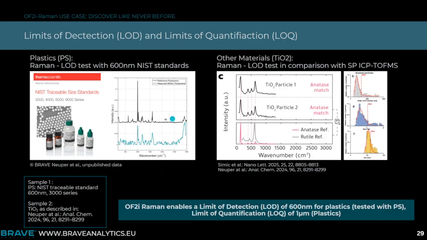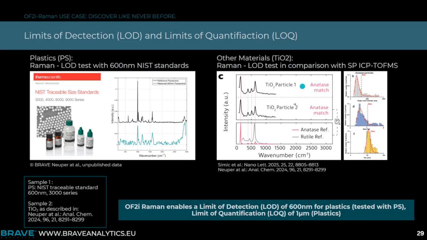So the information is there. With our definition of limit of detection for plastics, currently we say it's roughly 600 nanometers. However, you need to look a little longer at the particles to create enough signal to noise. So we're defining the limit of detection at 600 nanometers, but the limit of quantification, which I will show you later, is a little higher.